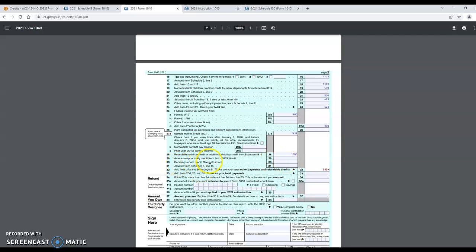We'd also want to make sure if there was any recovery rebate credit that he should have gotten in 2021: $1,400 for himself, $1,400 for his son Johnny, and $1,400 for the father that he claims. Assuming he claimed all of those in the previous year, that's how much he should have gotten. If he had gotten less than that, then he could put the extra here on line 30, and that would be an additional refundable credit that he could get.